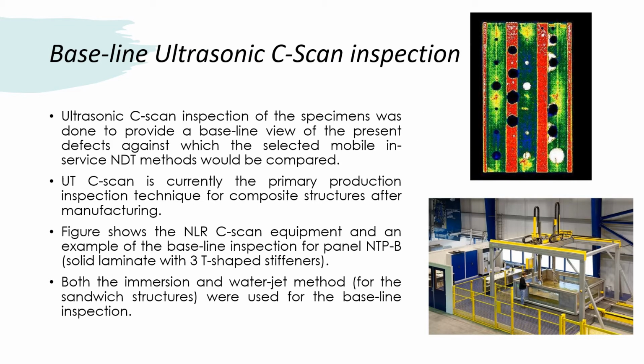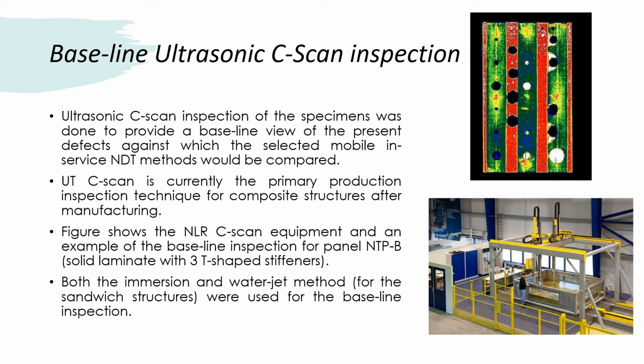Next one is the baseline ultrasonic C-scan inspection. The ultrasonic C-scan inspection of the specimen was done to provide a baseline view of the presence of defects against which the selected mobile in-service NDT methods would be compared.